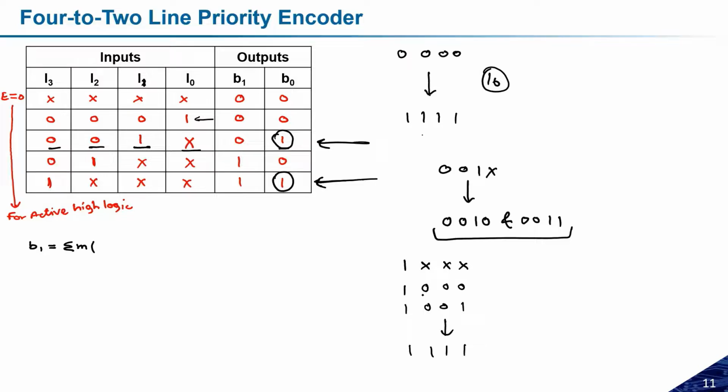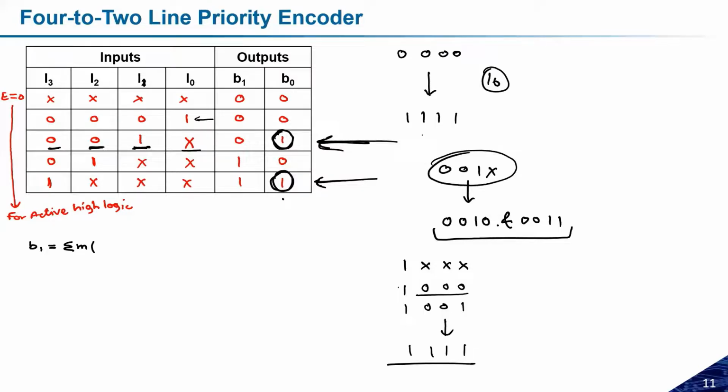So the total possibilities will start from 1, 0, 0, 0 to 1, 1, 1, 1. Let me repeat again what I'm saying. If I'm talking about B0, B0 has two logical highs: one is this one and the second is this one. In the first one, I have the combination 0, 0, 1 cross.